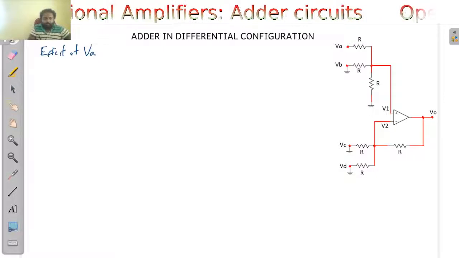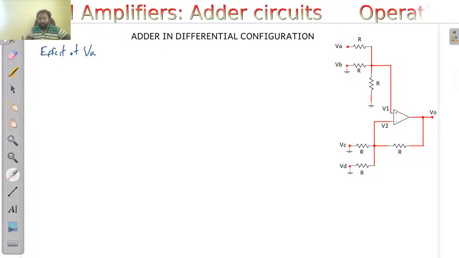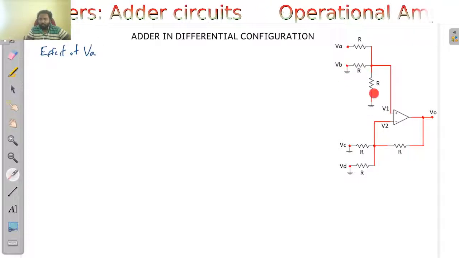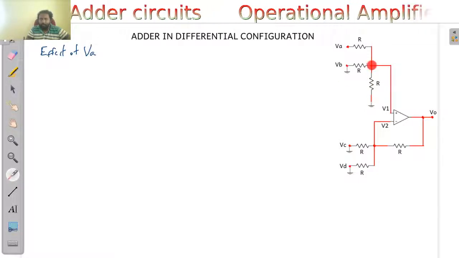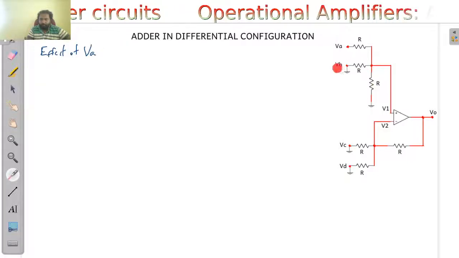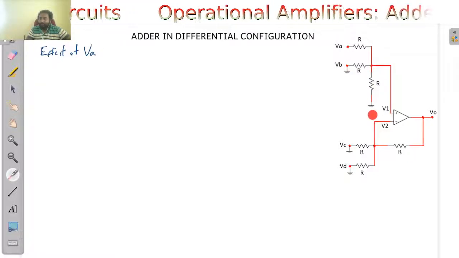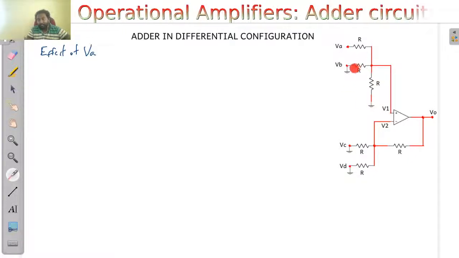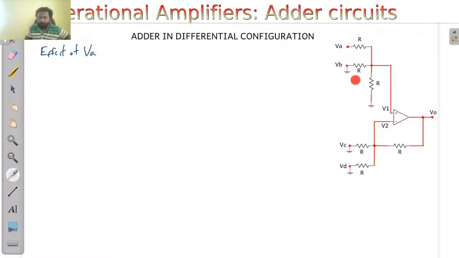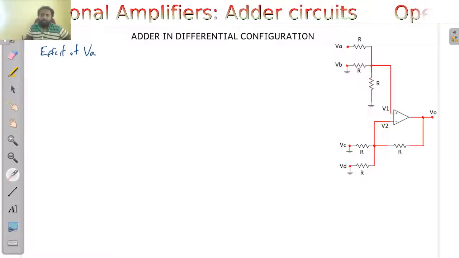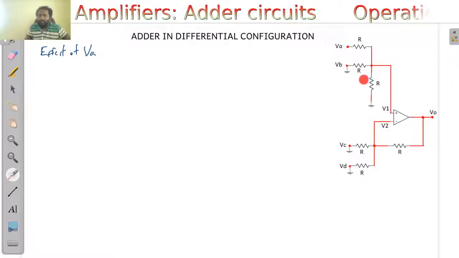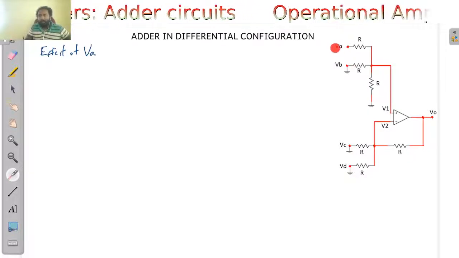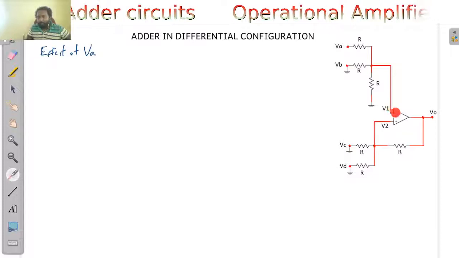Here what we need to understand is that this path is connected to ground and this resistance is also connected to ground. So from this point, when you view these 2 resistances, they are parallel to each other. So you can consider these 2 resistances together as a single resistance of value R by 2, because both are R. In order to find out the effect of VA, we need to find out what V1 is.